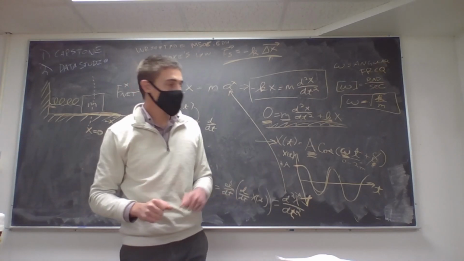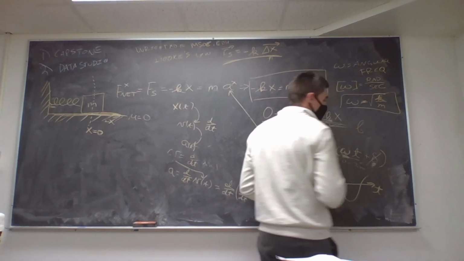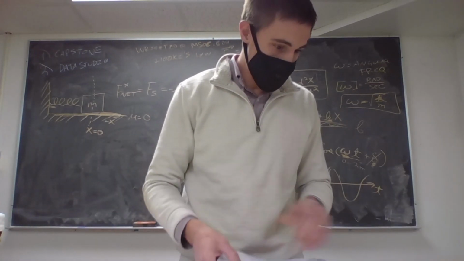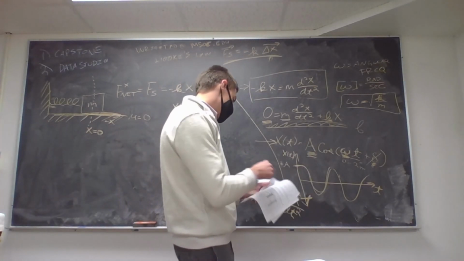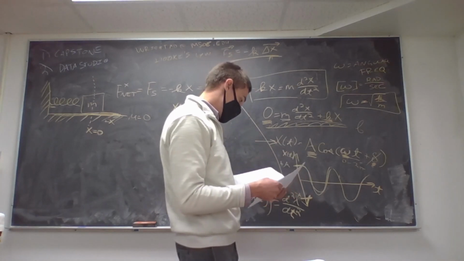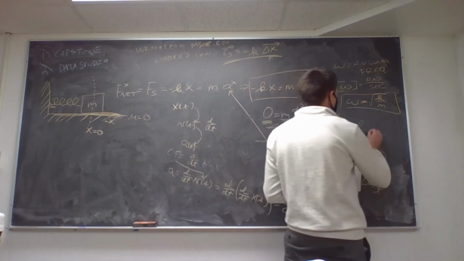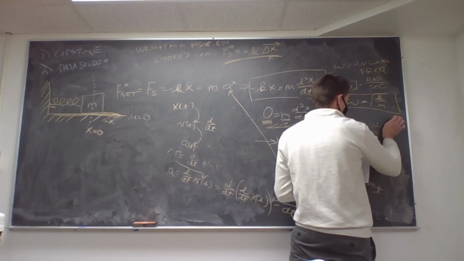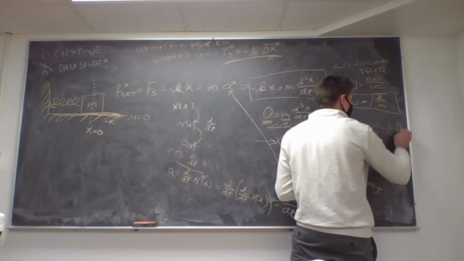Okay? All right. So enough about angular frequency. Let's put this in terms of just normal, regular, everyday frequency. So frequency f, whereas omega was the number of radians per second, this is just the number of oscillations per second. It's going to be omega over 2 pi, or in other words, 1 over 2 pi root k over m.